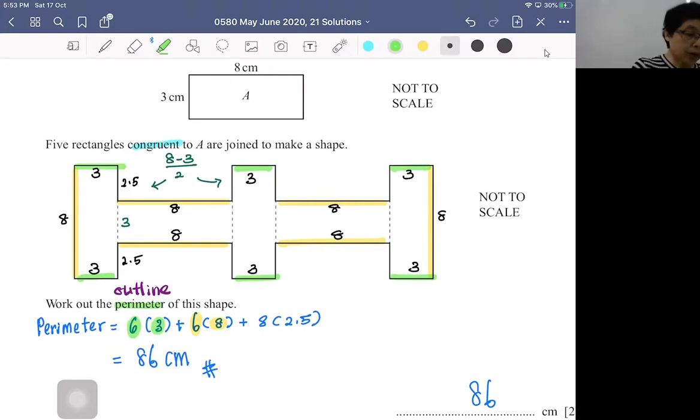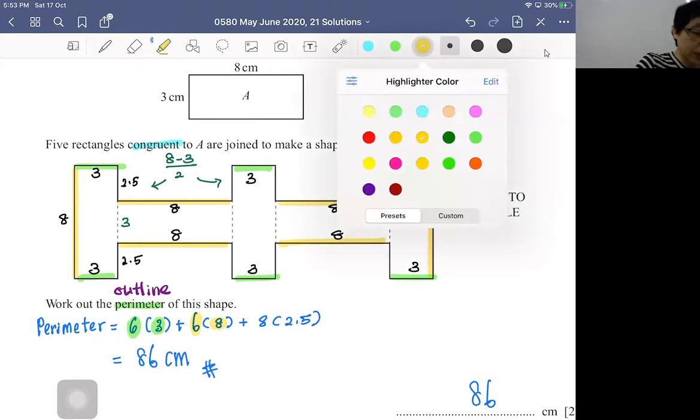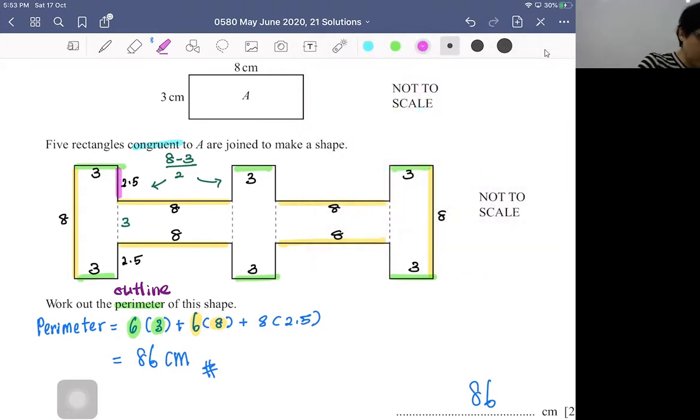Then we are left with some of these parts. We notice that it is very interestingly laid out, the one that I put in purple. But it doesn't give us much trouble, because being congruent, this dotted line has a length of 3 centimeters. So we take the 3 centimeters out of the total 8 and divide evenly by 2. That's how we get 2.5.